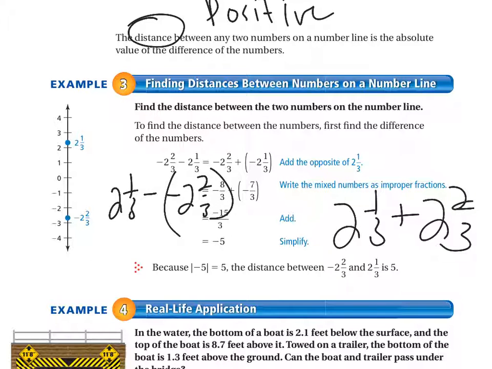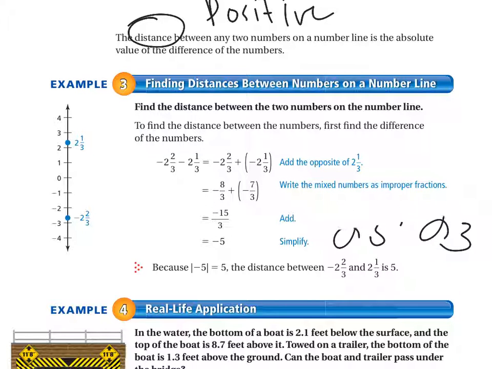Then you're going to end up with a positive answer. You're going to follow the same rules, exactly what we've been doing: common denominator, additive inverse, common denominator, subtract or add, and then get your answer. So your answer here was -5.